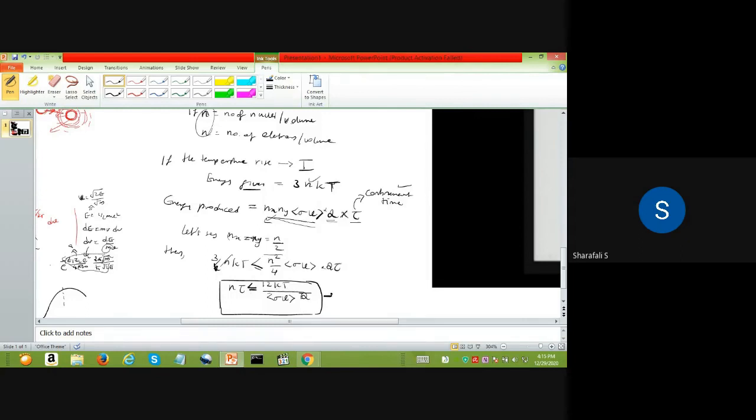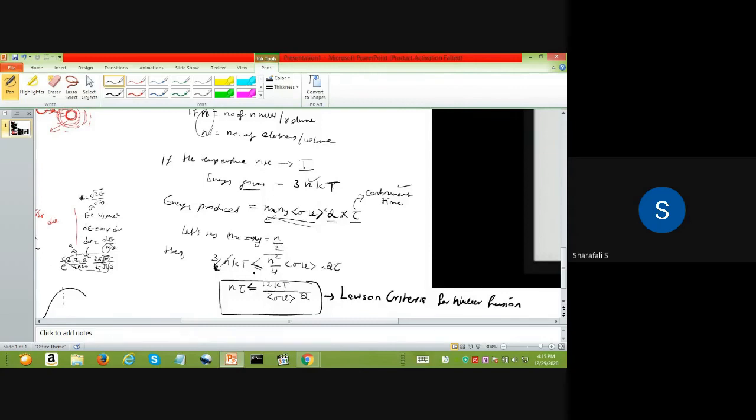This condition is called the Lawson condition, or Lawson criteria, for nuclear fusion. What this means is that, compared to whatever energy we provided, the energy produced through the nuclear fusion reaction must be larger.